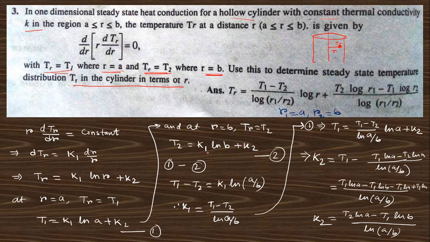Put these values in the two equations and solve to get the constants K1 and K2. Put these two constants in this equation, and you will get the answer like that, where R1 equals a and R2 equals b. Check yourself.